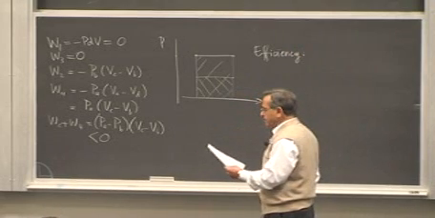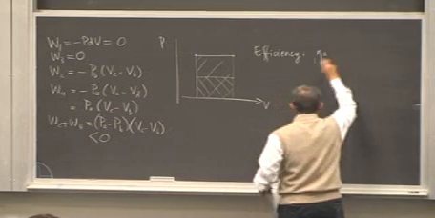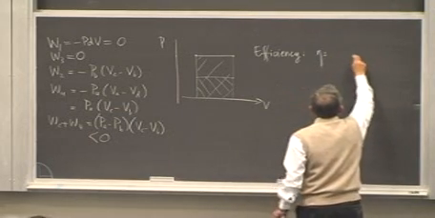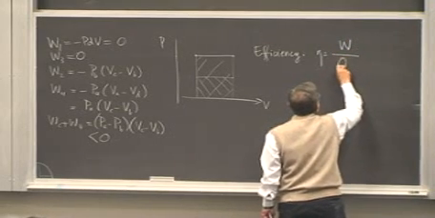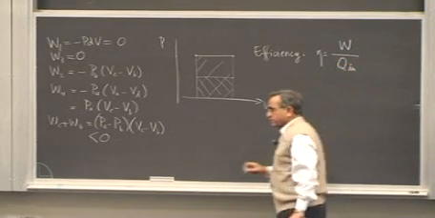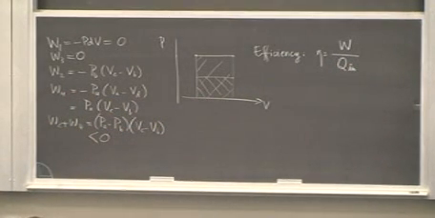Efficiency would be, you would say, how much work was it able to get done by the amount of heat that it received. This will be the work done, efficiency of the engine.